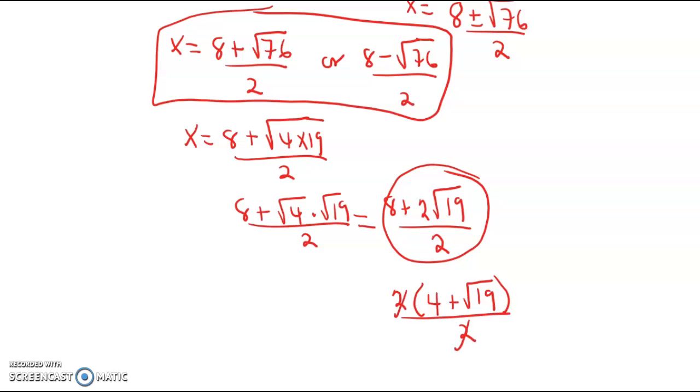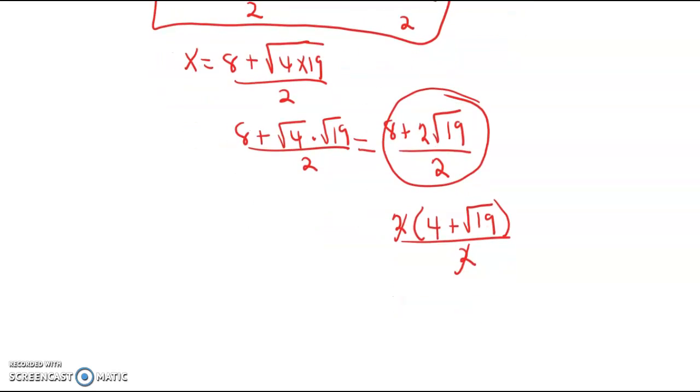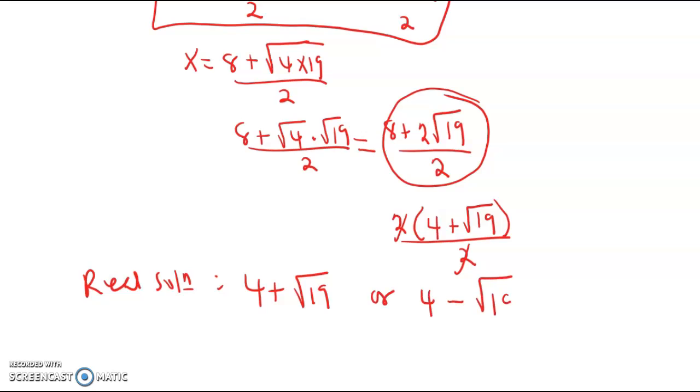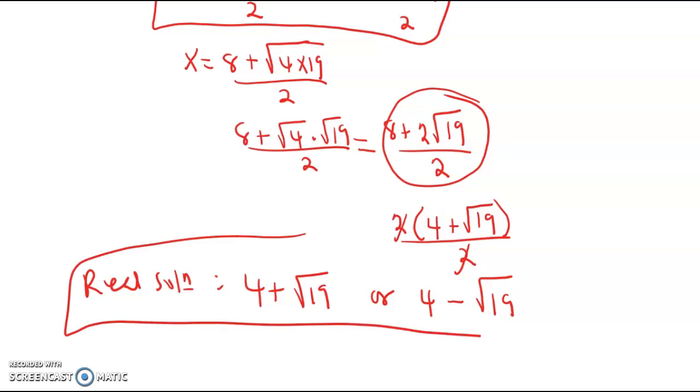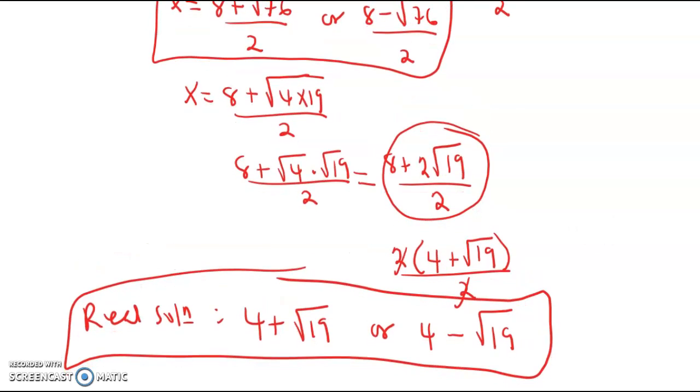These two will cancel out, and therefore the real solutions we have are 4 plus the square root of 19, or 4 minus the square root of 19. This is how you find real solutions when given a quadratic equation.